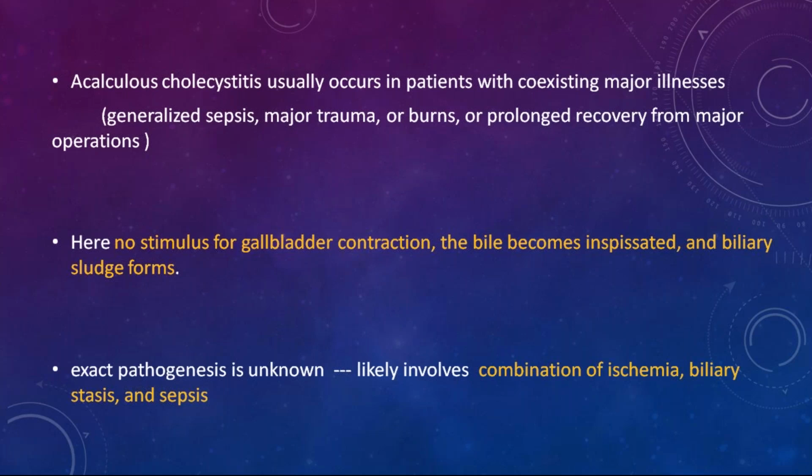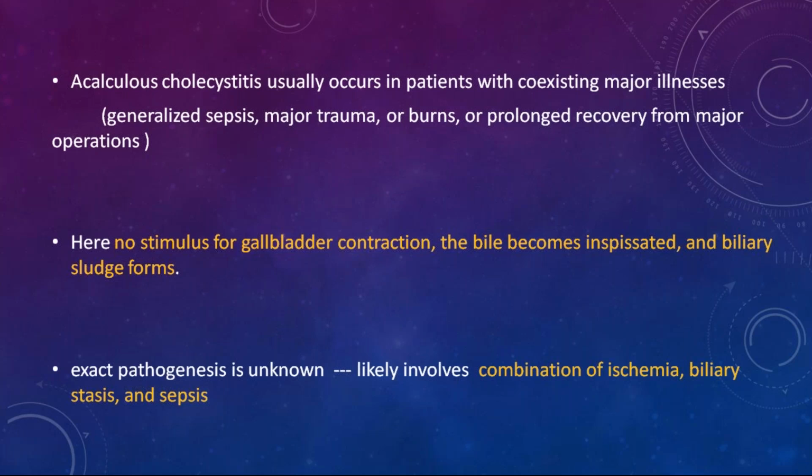So the exact cause of Acalculous cholecystitis is not known. Though the above mentioned factors like trauma, burns, sepsis are present, in patients with those factors there are increased acalculous cholecystitis episodes.